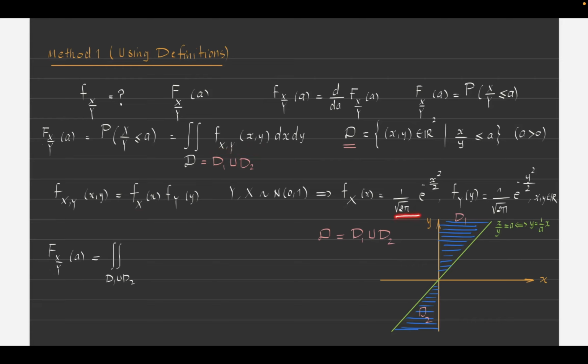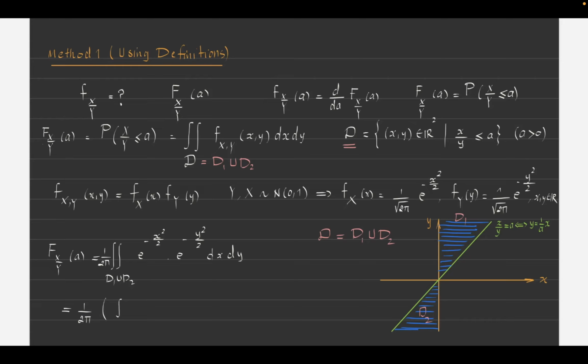If I multiply this by that, I will have a factor of 1 over 2 pi, which is a constant. I pull it out, and then this multiplied by that, you can just write it as e to the power of minus x squared over 2 times e to the power of minus y squared over 2, and I have dx dy. And because of that theorem, I can split it into two double integrals.